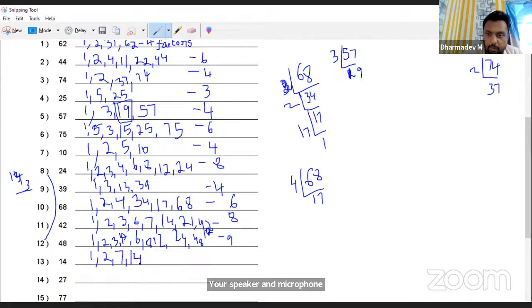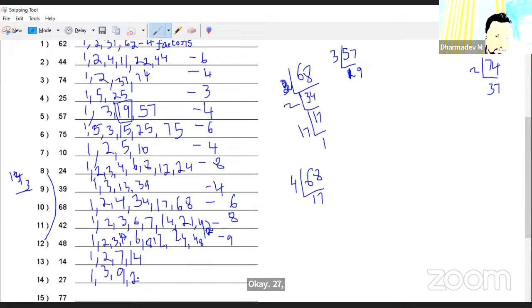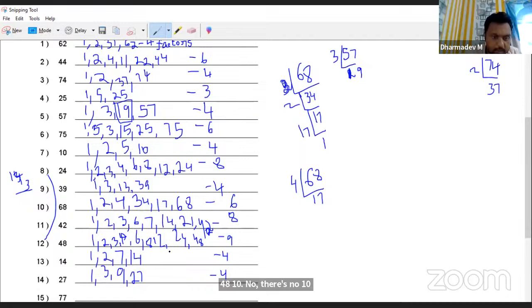1, 2, 7, 14. Okay, 27: 1, 3, 9, 27. 4 factors. 77. Then 48: 10? No, there is no 10 factor, it's 12.